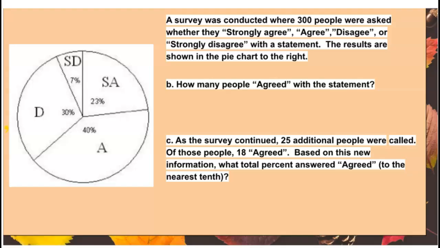Our next survey includes a pie chart, and we know the survey was conducted where 300 people were asked whether they strongly agree, agree, disagree, or strongly disagree with the statement. For pie charts, we know that a part out of a total is equal to percent out of 100.